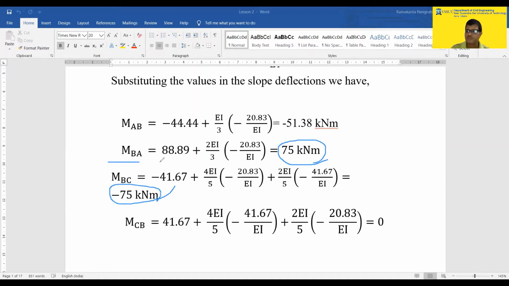There may be a calculation error, such as plus or minus 0.01 or 0.2, but that does not matter; you can round the figure. And MCB, because it is hinged at the end, must be 0. By putting in the theta B and theta C values, if you see these coming in your calculation, then your calculation is correct. You can check it yourself after solving the equations.